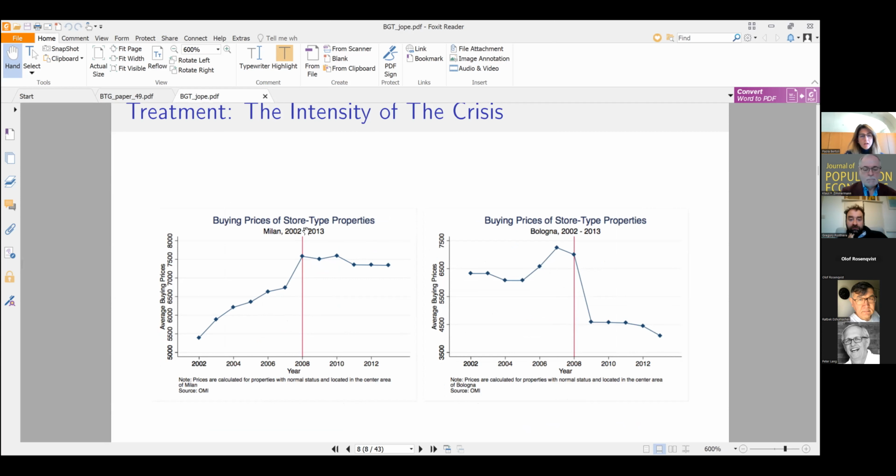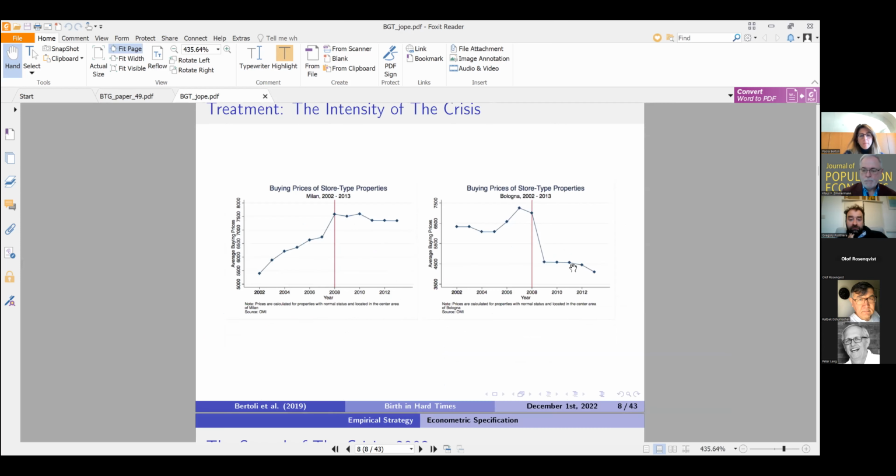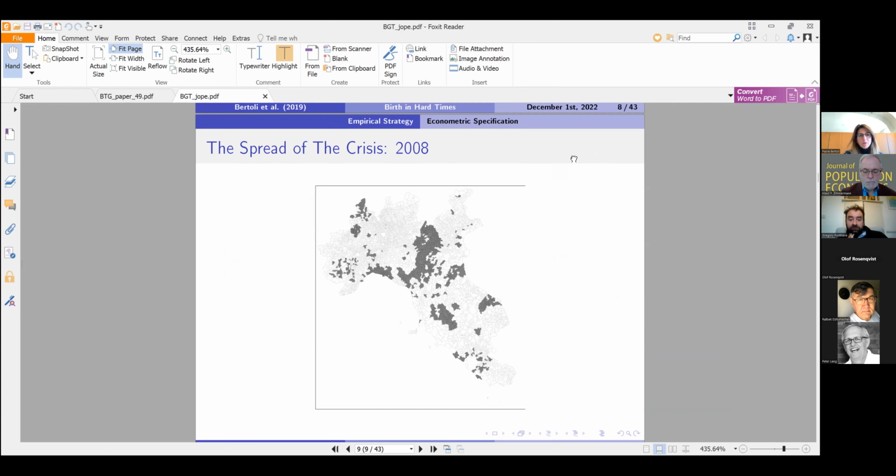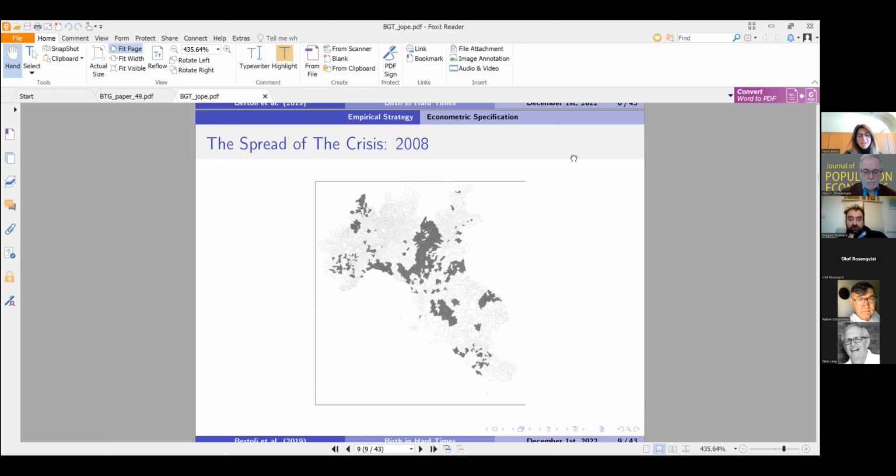Here is the kick-in of the crisis, and Milan is treated since 2009, where you have this negative rate. Bologna on the right, instead, started to be treated since 2008. If you want, that's how the spread of the crisis worked for us.